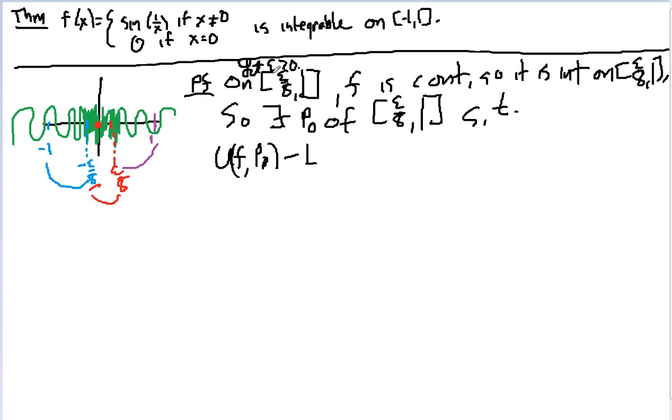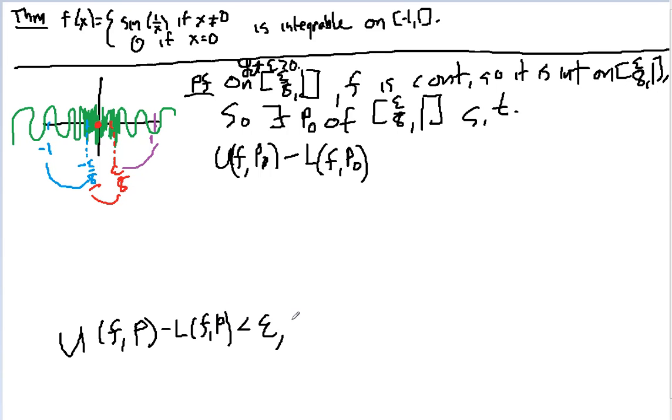So I'm defining epsilon, pick whatever epsilon you want. I'm going to prove, well, my last phrase will be uf of a partition minus lf of a partition is less than epsilon, so f is integrable on negative 1, comma 1. That's going to be the last line.